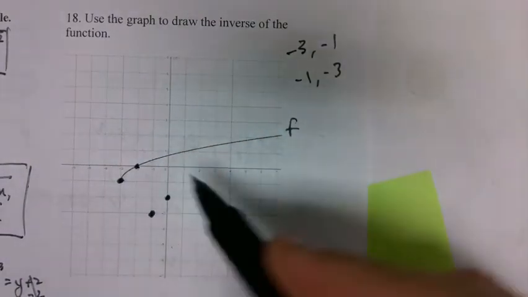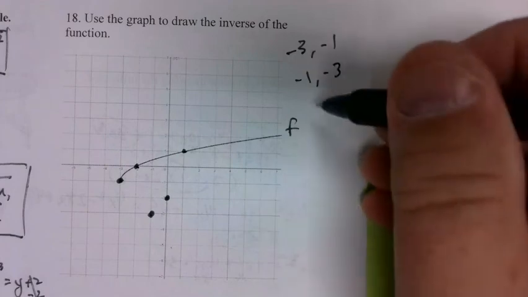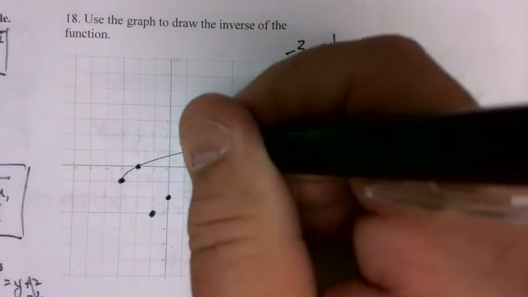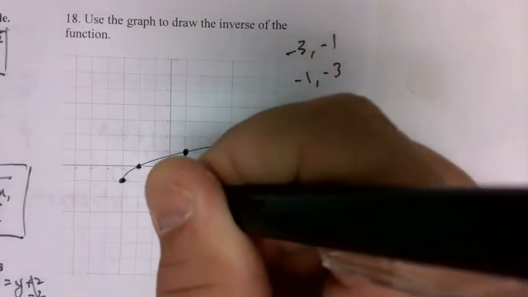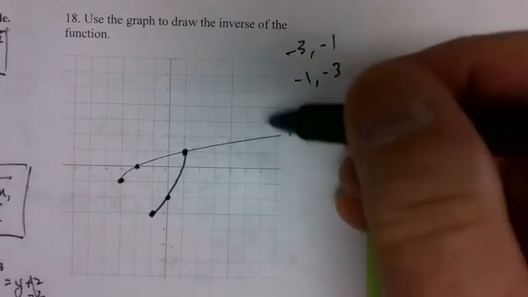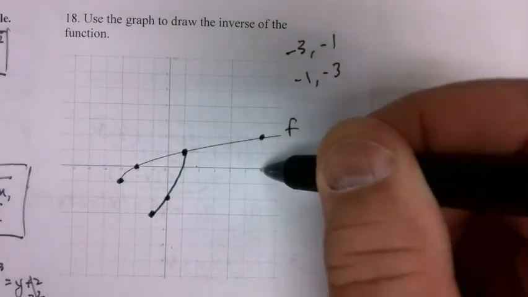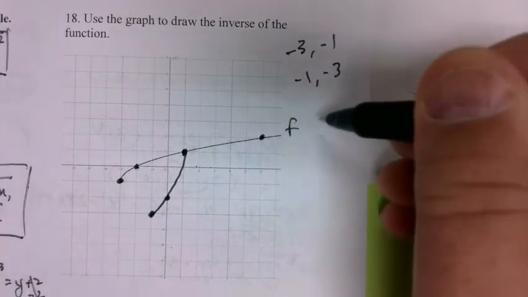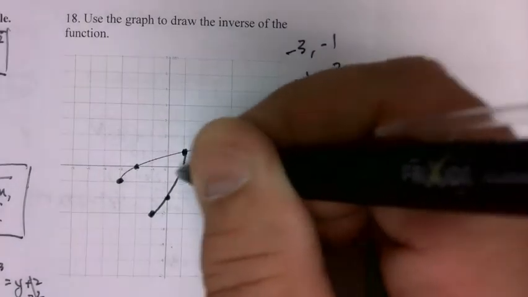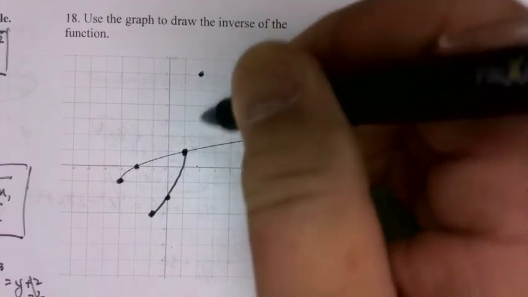Okay, and look, it goes to the point 1, 1. If I switch it, that's just 1, 1. So it's going to go right through there again. So this is going to go up there. Let me find another pretty point. Right there. It seems to go through this exactly. That's 6, 2. So 2, 6 right there.